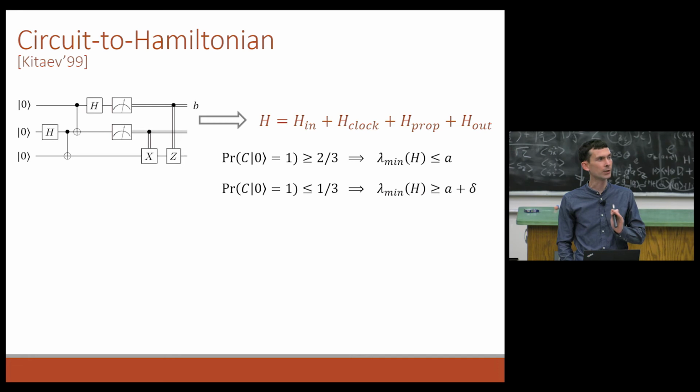It's just going to be able to distinguish whether this circuit typically returns a 1 or typically returns a 0, promised that one of them is the case. So from now on, we're only going to consider circuits that satisfy one of these two conditions, and our goal is to design a protocol that allows us to check one of these two conditions and then decide which of these was the case.